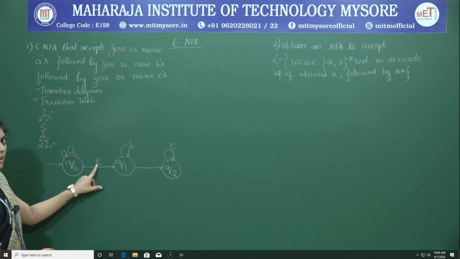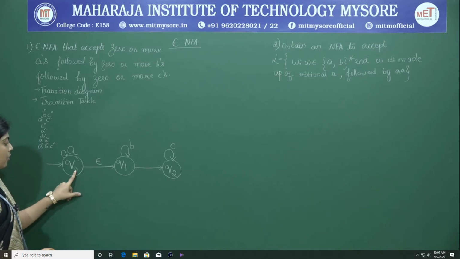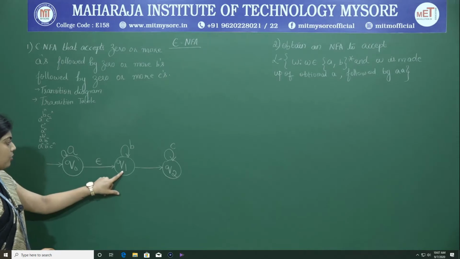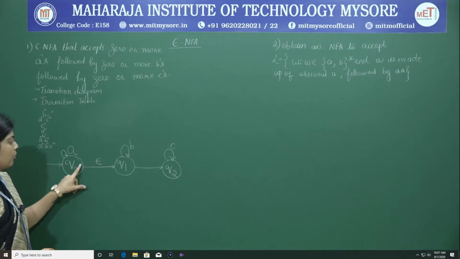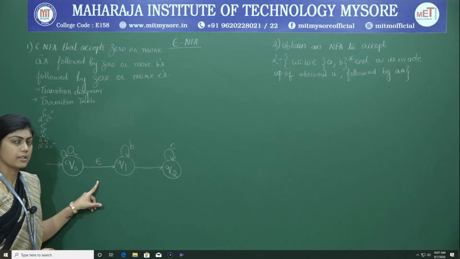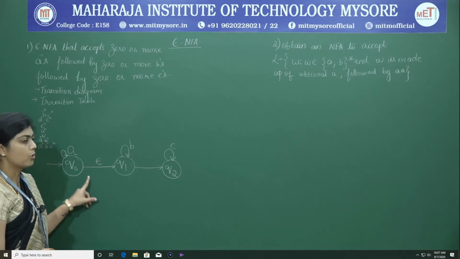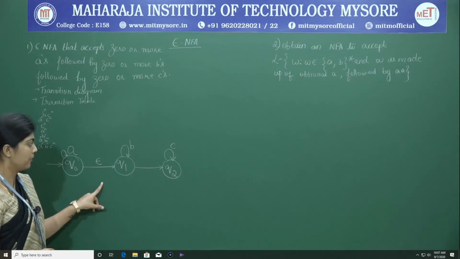Whenever we write epsilon here, it means from Q naught, the start state, we can move to the next state, Q1, without accepting any symbol at all. Without any input, we can directly move from Q naught to Q1, which was never possible in the previous cases.